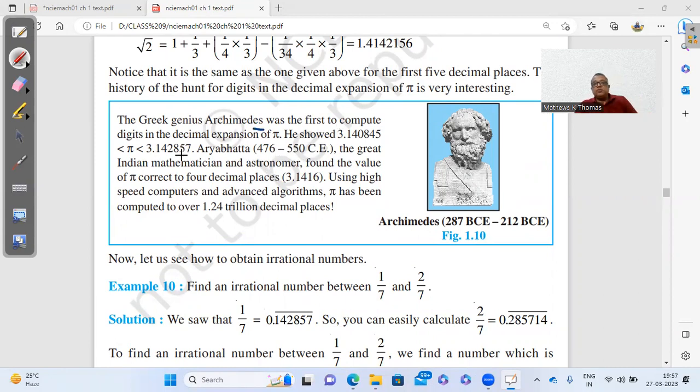He was the first to compute the digits of pi. He showed that the value of pi is approximately somewhere between 3.140845 and 3.142857, right? And this was more than 2,500 years back. So this is what irrational numbers are and how we convert them into p by q form.